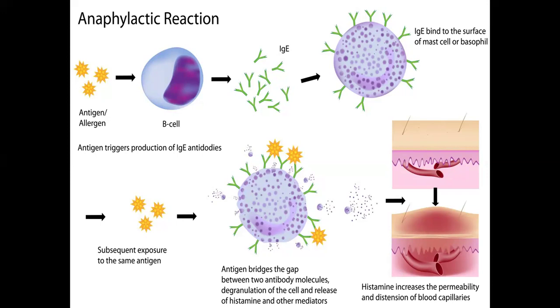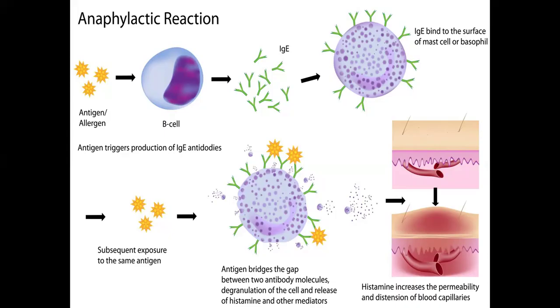Then comes type 1 hypersensitivity. The mechanism of type 1 hypersensitivity occurs in two phases, the sensitization phase and the effector phase. First, initial contact of antigen occurs. This antigen is processed and presented to T helper cells.